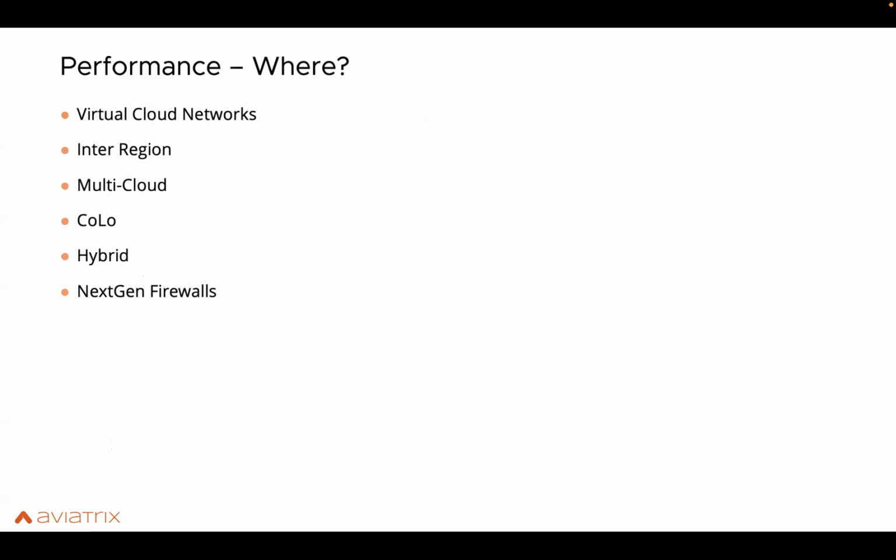So where are we going to consider the performance? One area I just mentioned is the virtual cloud network. Virtual cloud network is a VPC, VNet, VCN, anything. And these VPCs, VCNs, and VNets could be in different regions. It could be across a multi-cloud environment.